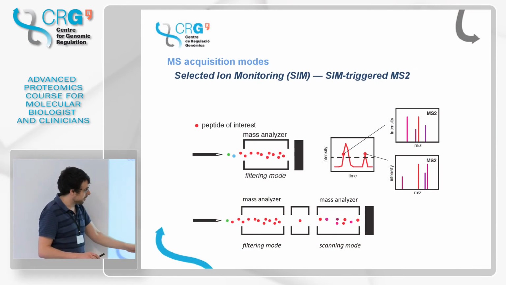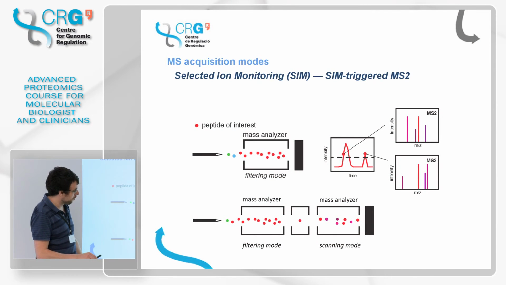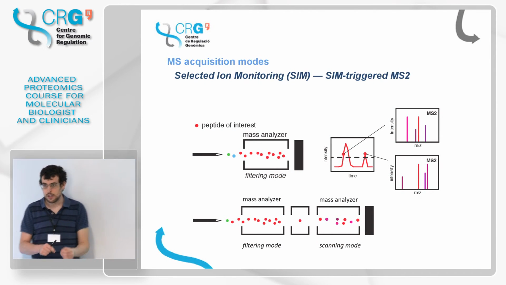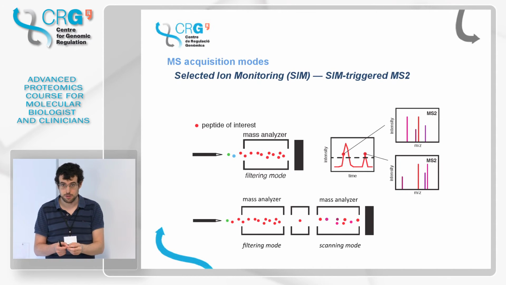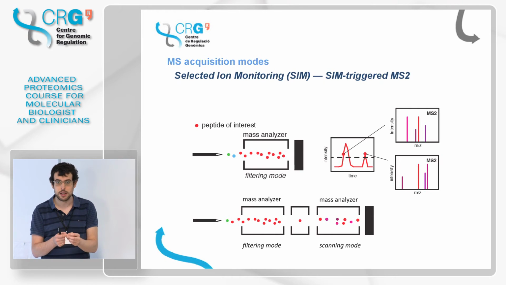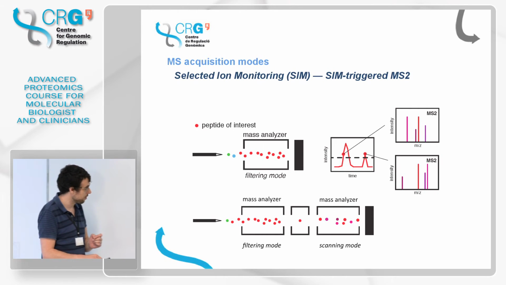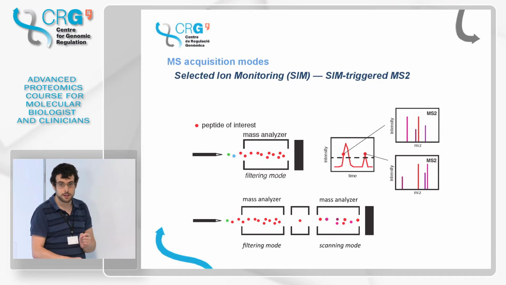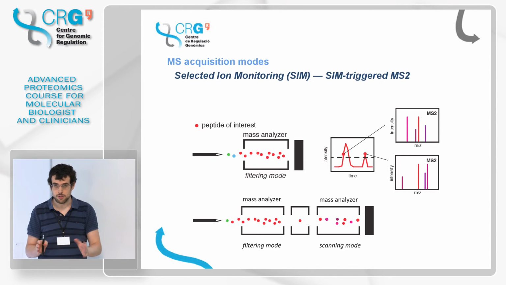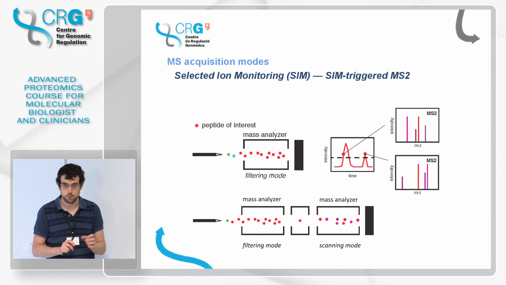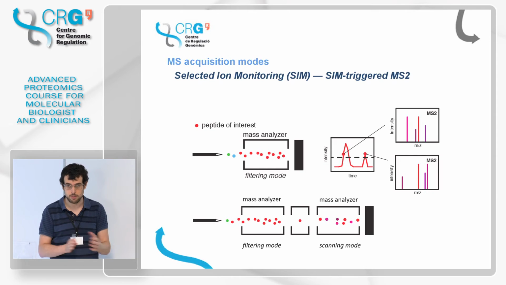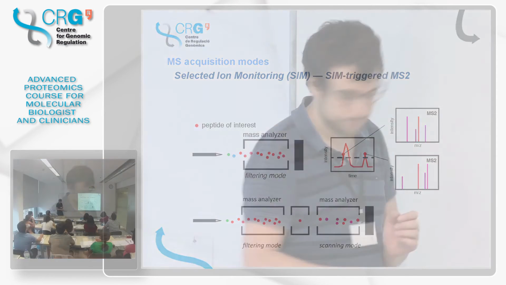It has to be very fast, otherwise I will lose all the signal. Mass spectrometers now are fast enough that we can do this in milliseconds. In 50 or 100 milliseconds, we can change from this acquisition mode to this one, whereas the chromatographic profile is normally in the 20 or 30 second range. So we have plenty of time to change the operation mode and go back again to the monitoring.